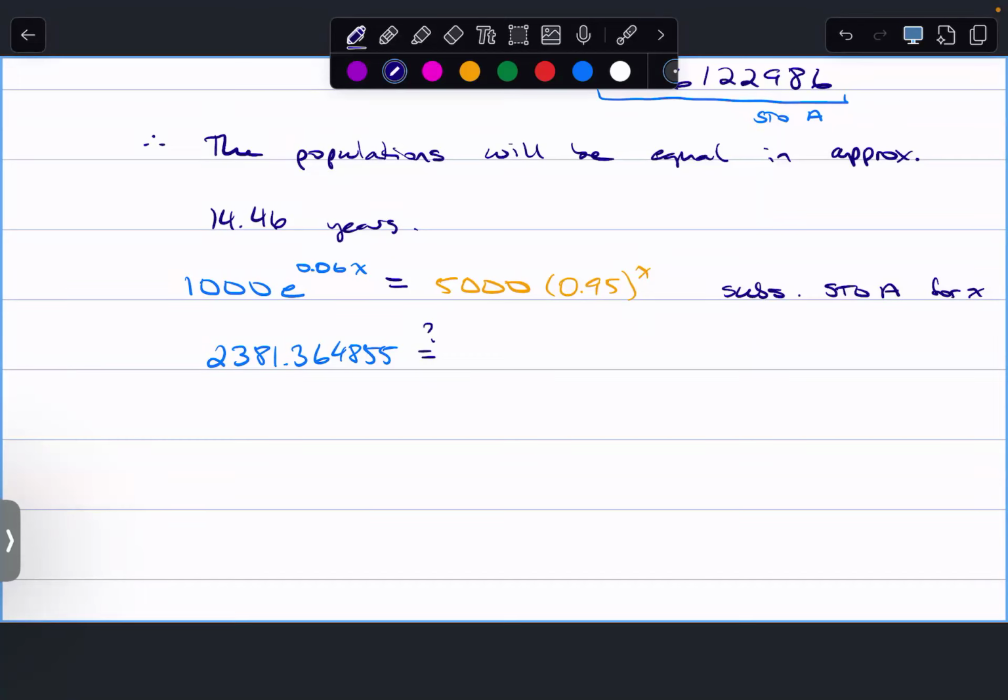And of course, if they're at the intersection, then the other one should be the same, but let's do 0.95 to the power of recall A times 5,000. Phew. 2381.364855.